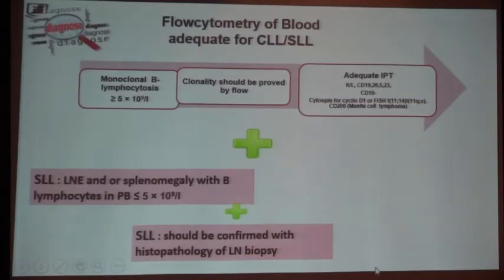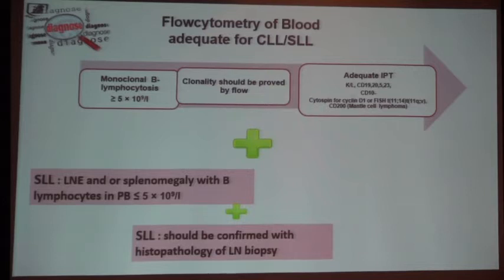So the CLL has a very homogeneous morphology, but a very heterogeneous genetic background, with persistence of monoclonal B lymphocytosis in the peripheral blood of more than 5,000. We should prove with flow, which is the first diagnostic tool, clonality, that it is kappa or lambda restricted. And we should have the adequate phenotype that proves it is actually a CLL clone or not.